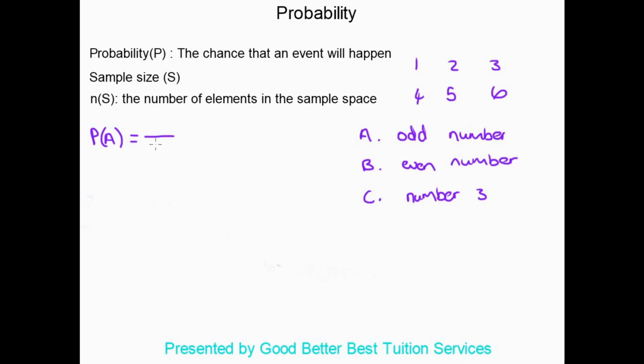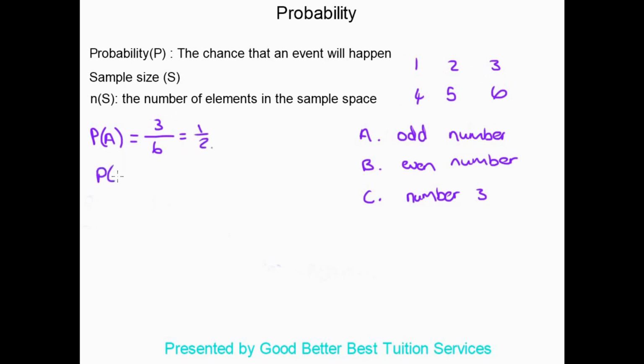At the bottom we have our sample size, which is 6 different outcomes. So all your outcomes at the bottom, and at the top all of your favorable outcomes. What are our favorable outcomes when we're looking at event A? It's odd numbers, so that would be 1, 3, and 5. So that's 3 of the outcomes. So it's 3 over 6, so the probability of A is a half.